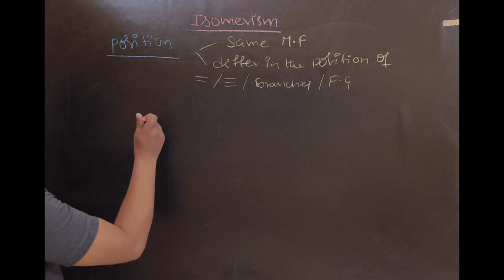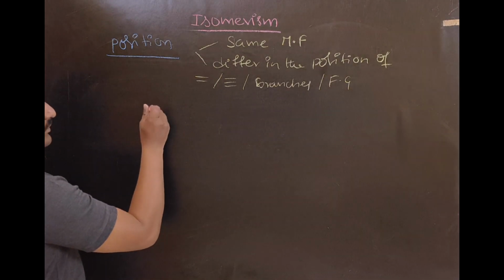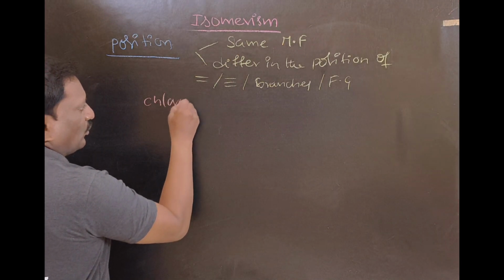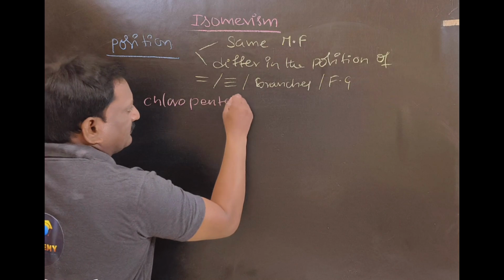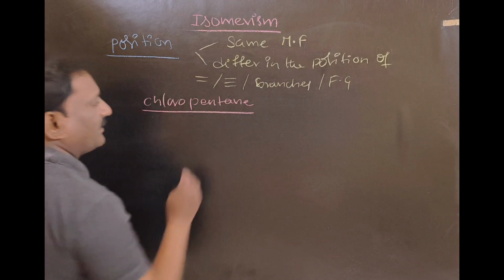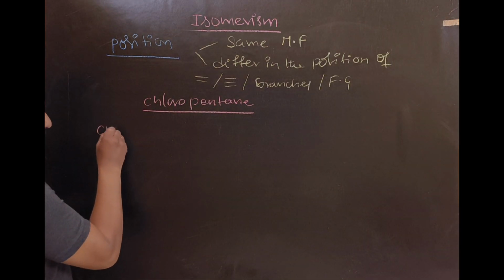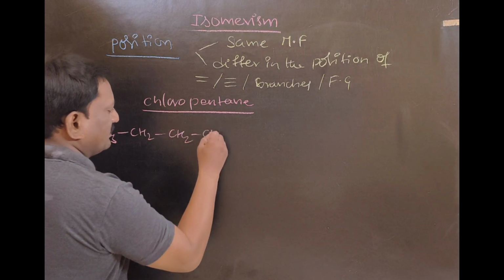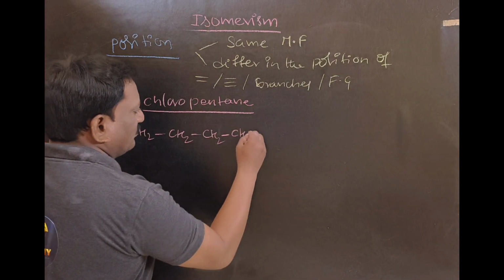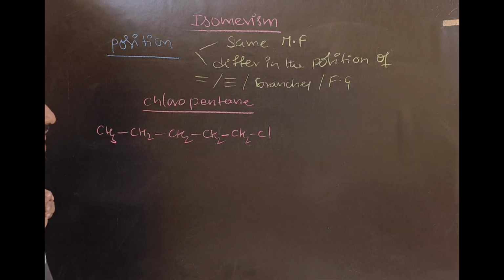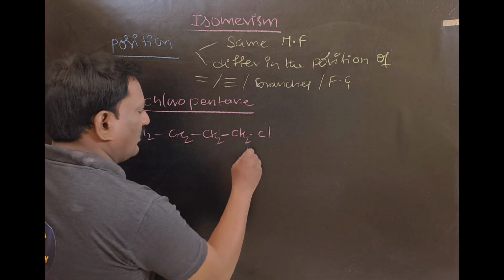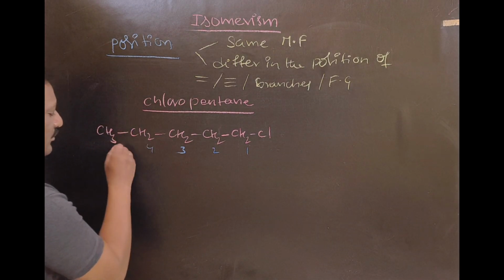Example: let us take chloropentane. CH3, CH2, CH2, CH2, CH2, Cl. This one is chloropentane. We should give numbering: 1, 2, 3, 4, 5.